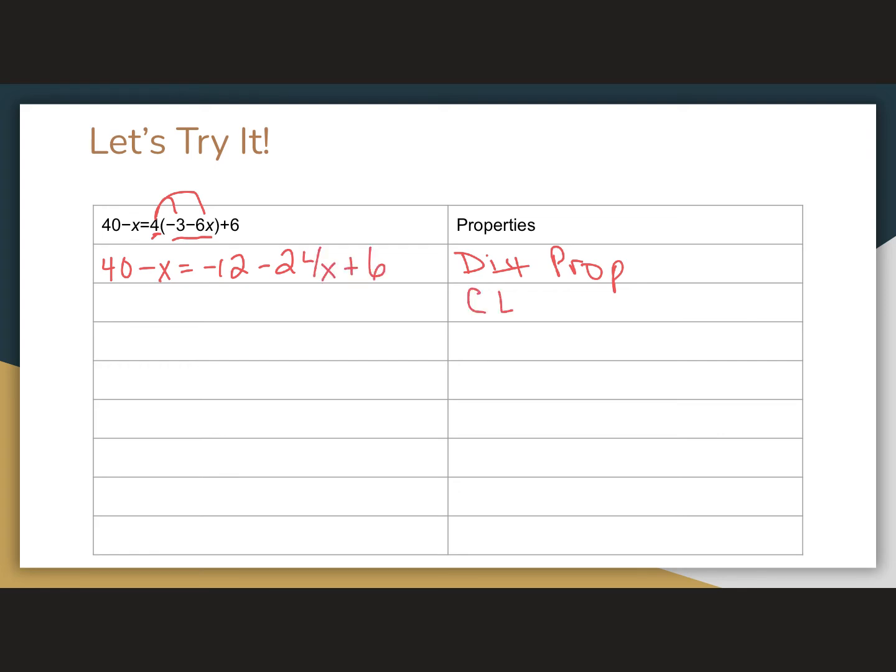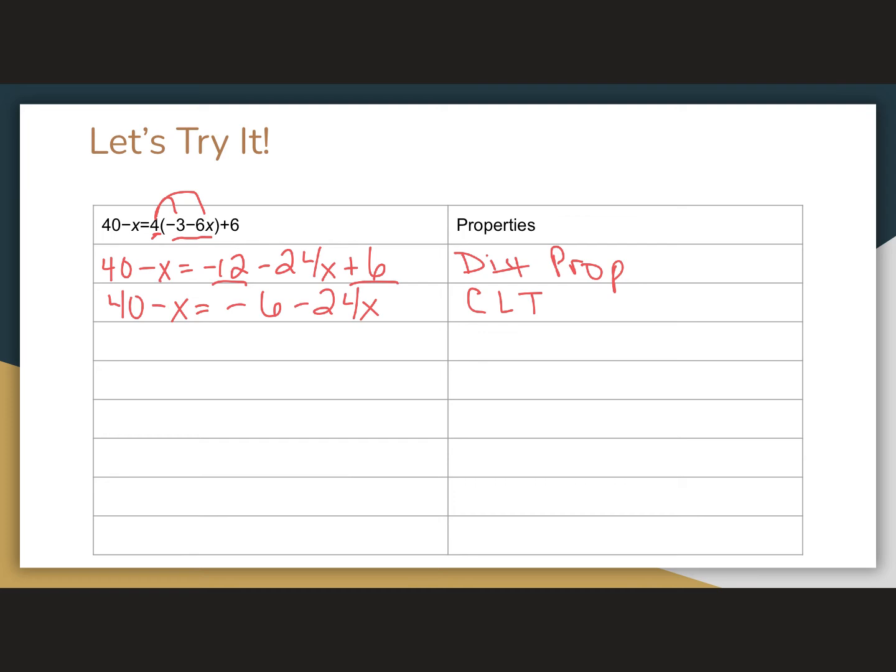Next, I'm going to combine like terms. So I have 40 minus x equals, I've got negative 12 here and a positive 6, which becomes negative 6 minus 24x.